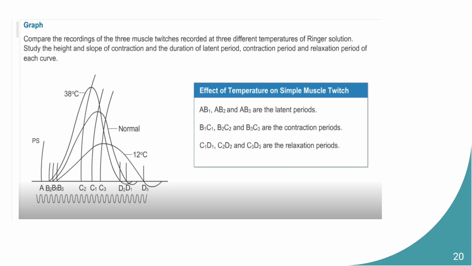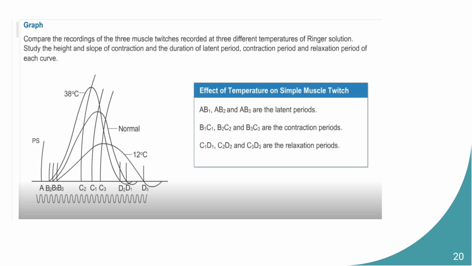C1D1, C2D2 and C3D3 are the relaxation periods, and C2D2 is shorter, because if we increase temperature, there will be shortening of all these phases due to reduction in viscoelastic forces. There will be an increase in nerve conduction velocity, and an increase in metabolic or enzymatic activity.